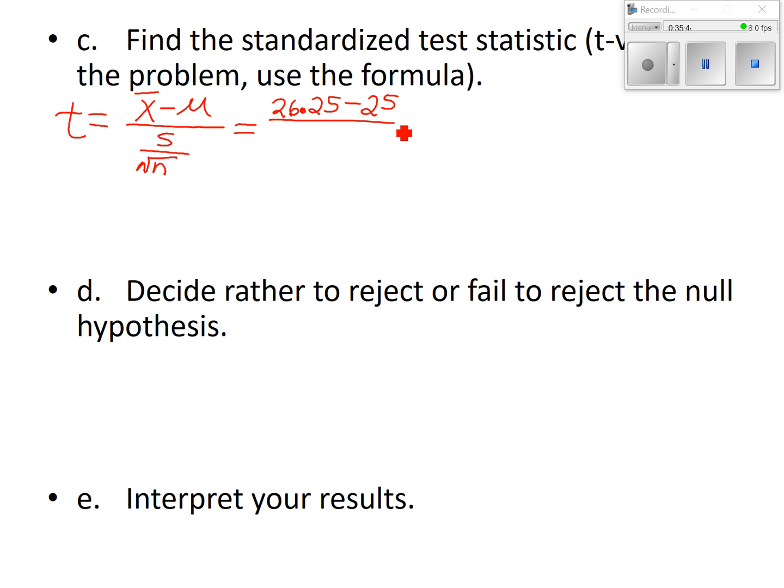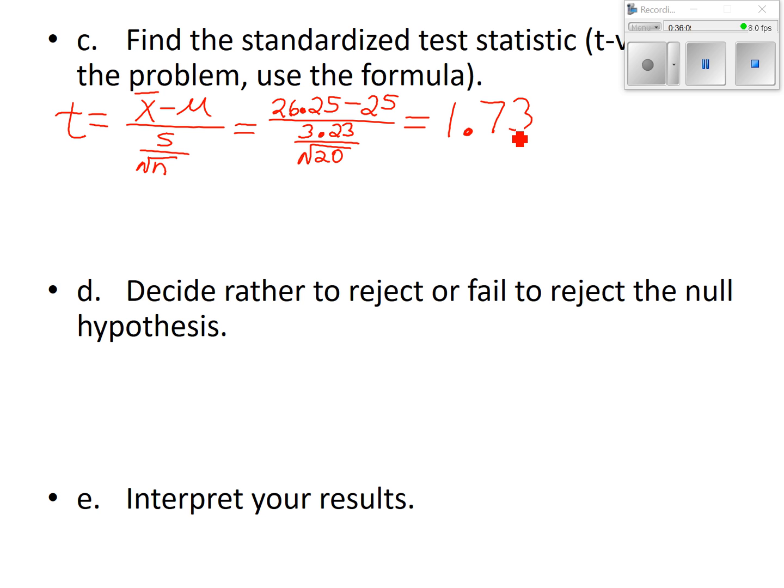Sigma, what was it, like 3.23? Yeah, 3.23, and our N was 20. Anybody else get that?